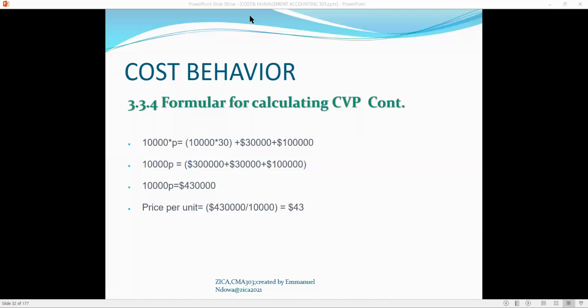So you can advise the management that we have the leverage of moving from 43 to 53 and producing 4,150 units, and we can enjoy a higher profit margin from 100,000 to 150,000.